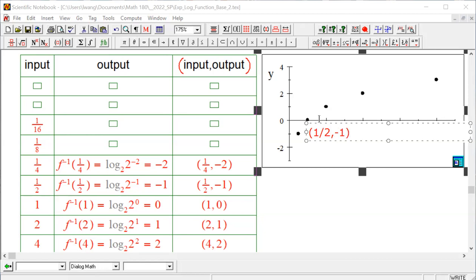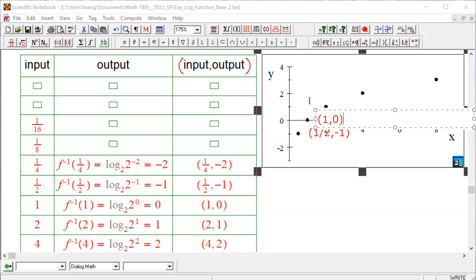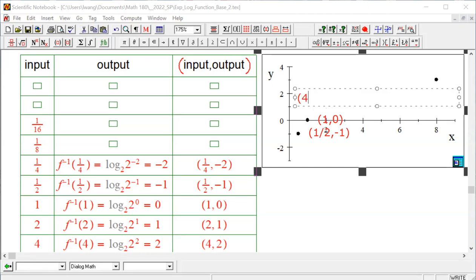Okay, we can mark each one of these points. And this one, input 1, output 0, right? And this point, input 4, output 2, oh, no, sorry. This is 2, 1. Never mind. Okay, my bad. I'm a little ahead of myself. 2, 1.